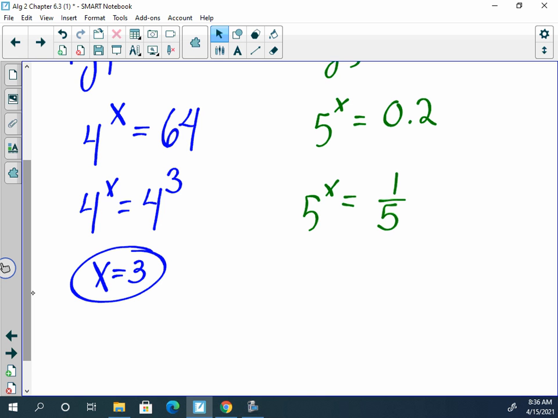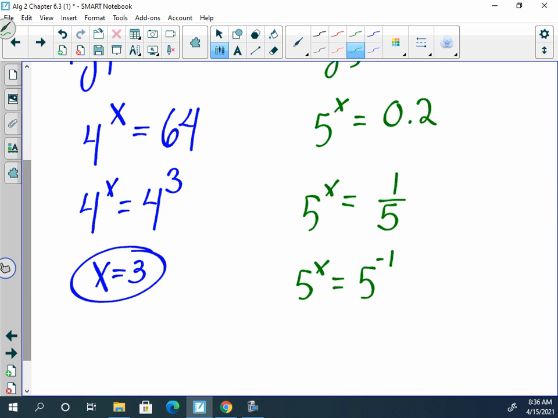Like I did on the other one, we rewrote 64 as 4 to the power, so we can match the exponents up. I can get this to be the same on both sides, because I can move the 5 from the denominator to the numerator. But if I do that, the exponent becomes negative. Still, it tells us x is equal to negative 1.